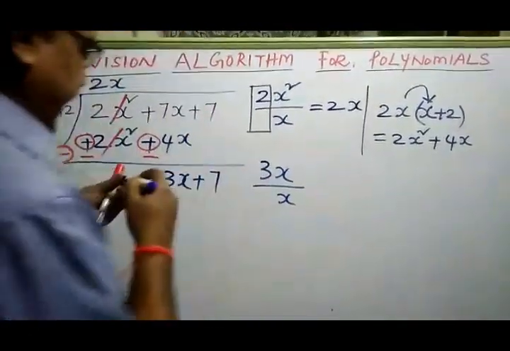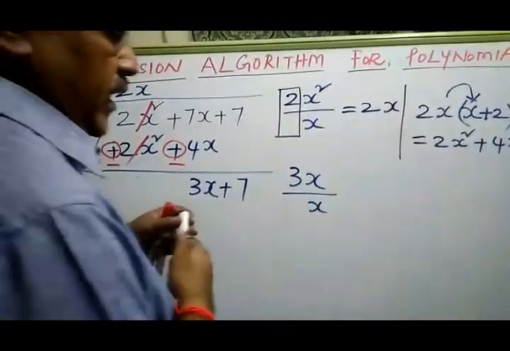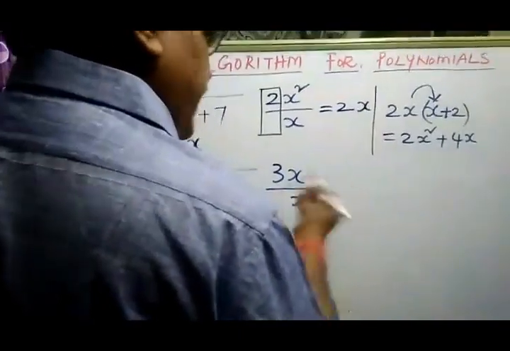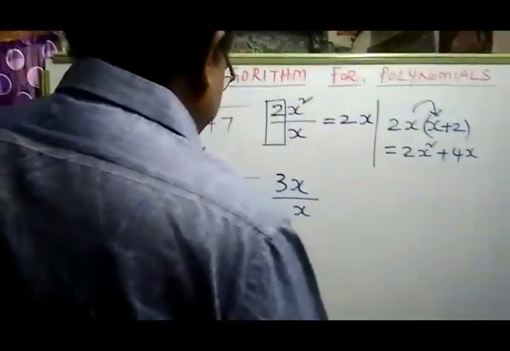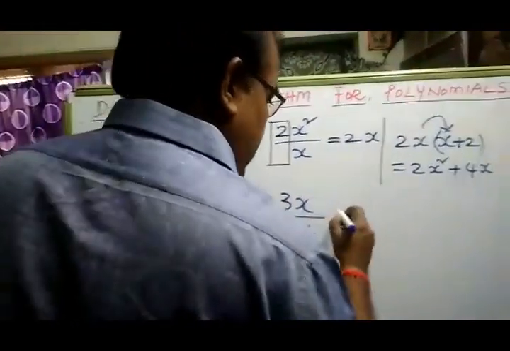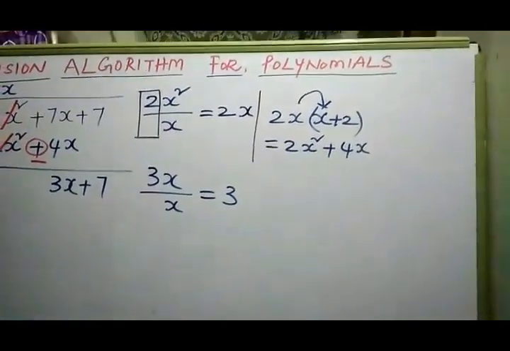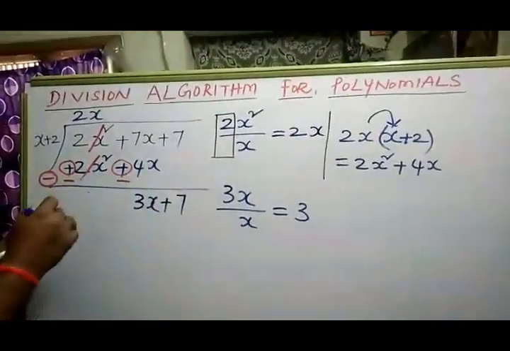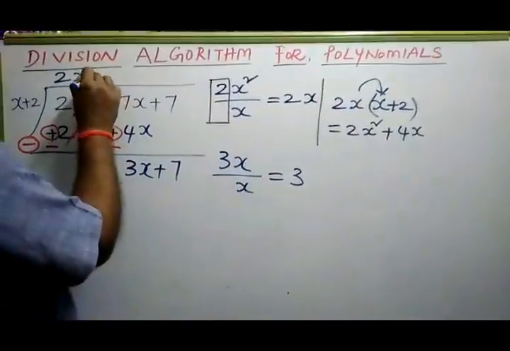So 3x by x is nothing but 3, since x and x cancel. Otherwise, you can apply the exponent formula and you will still get 3. This is the partial quotient, plus 3.